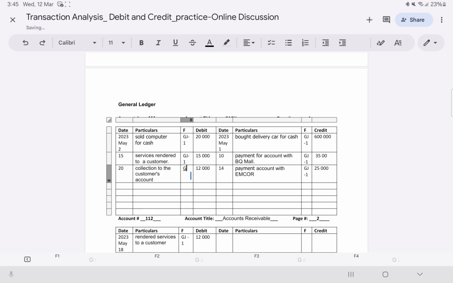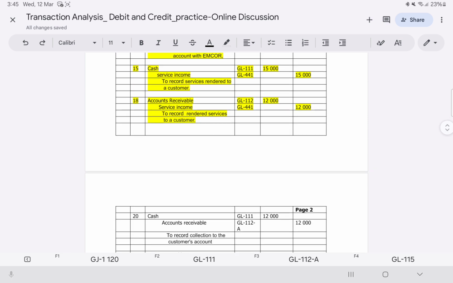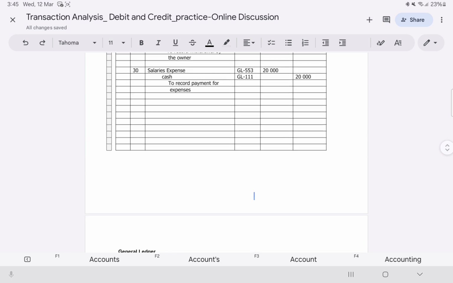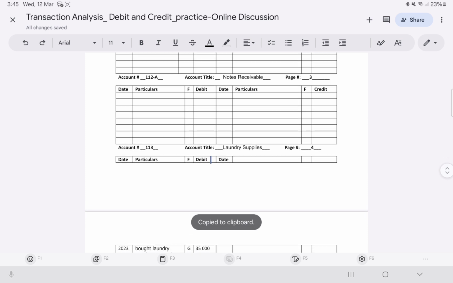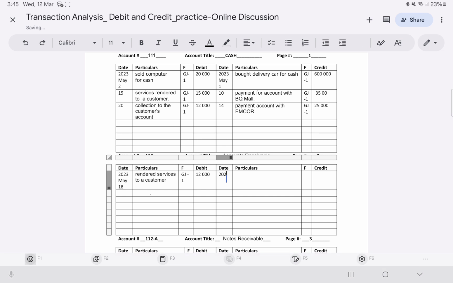J-1. Okay, 12,000. So that's our debit. And our credit is accounts receivable 12,000. 2023 May 20.